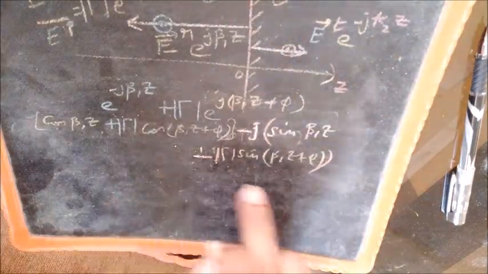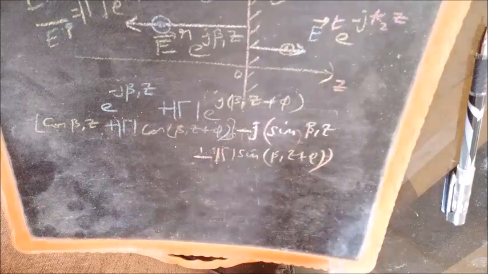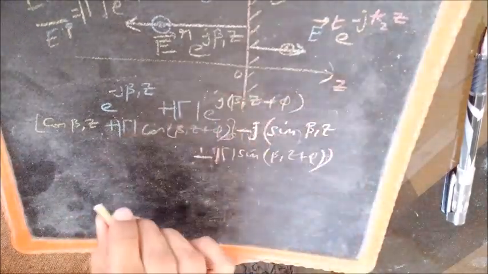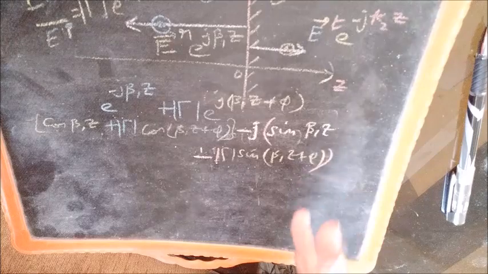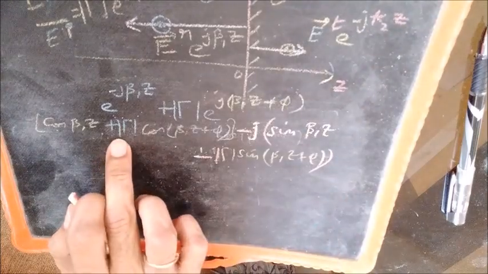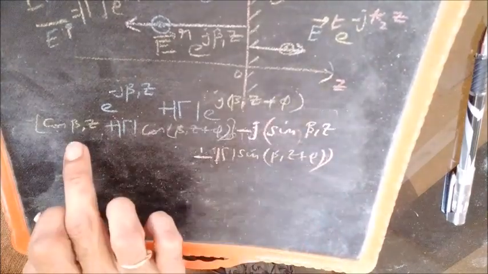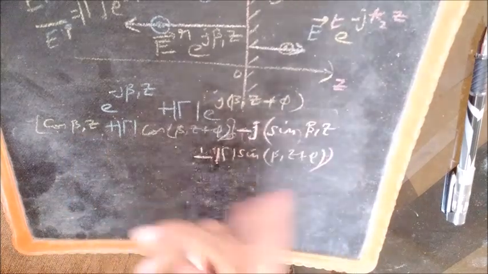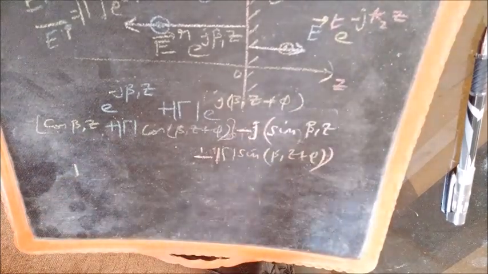So the square of this plus the square of this under root will be the magnitude, and that stands for the amplitude of the wave. If I square this and add it with the square of this, cos square beta 1 z and sin square beta 1 z will add up to give 1.